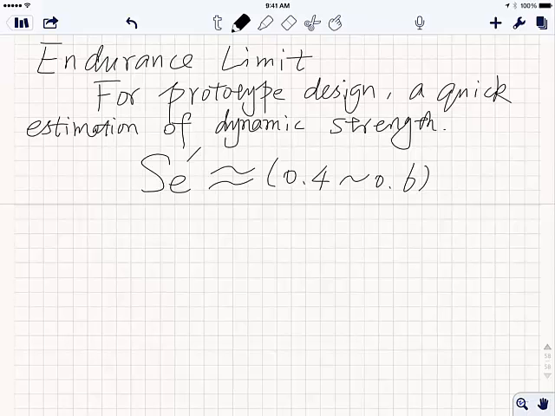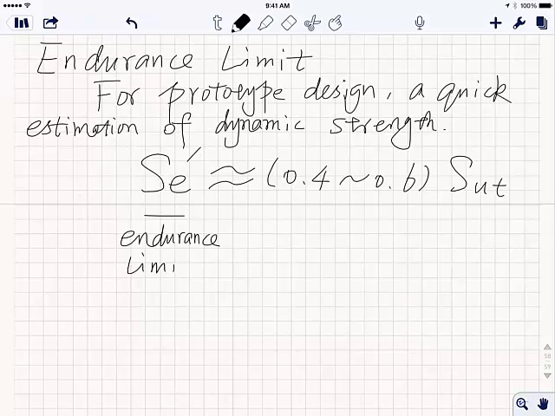So this SE prime is called endurance limit. And this SUT, we all know this is called ultimate tensile strength, right? This is from a static loading condition point of view.